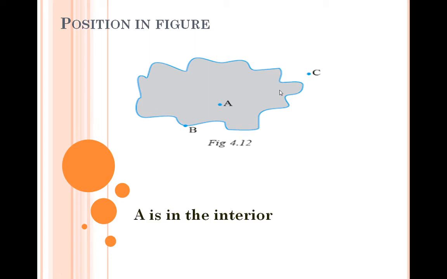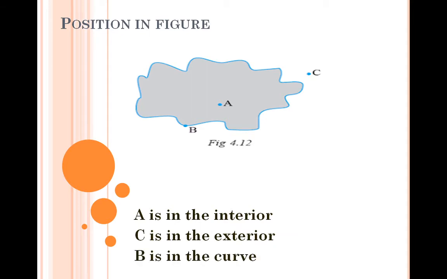So A is in the interior, C is in the exterior, and B is on the curve. You can see, A is in the interior, C is in the exterior and D is on the curve.